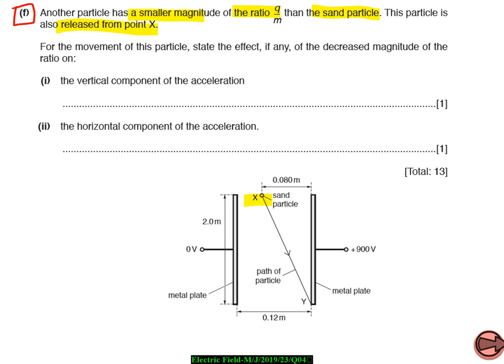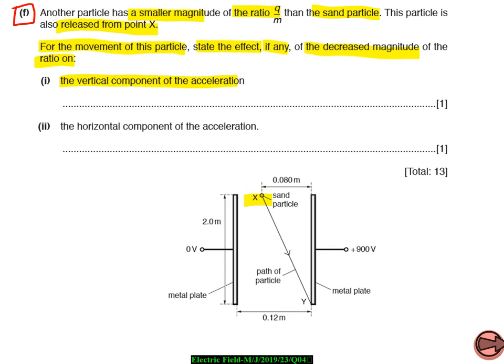The next question is telling us, for the movement of this particle, state the effect, if any, of the decreased magnitude of the ratio on the following. Part F1 is asking us the effect of q over m on the vertical component of the acceleration. Along the vertical there is one force acting, and that force is gravity.